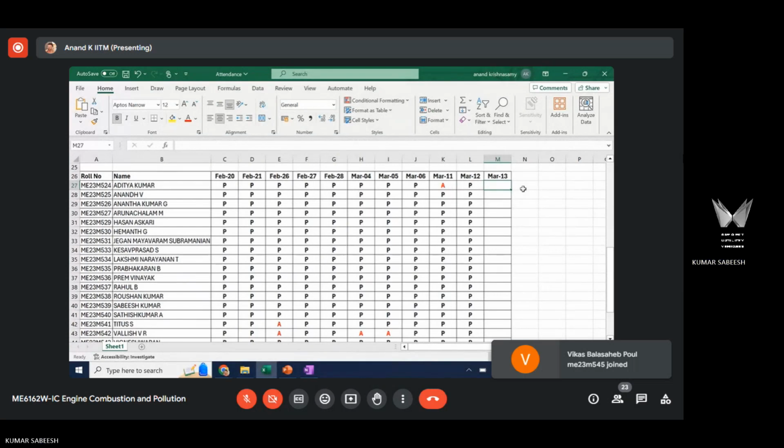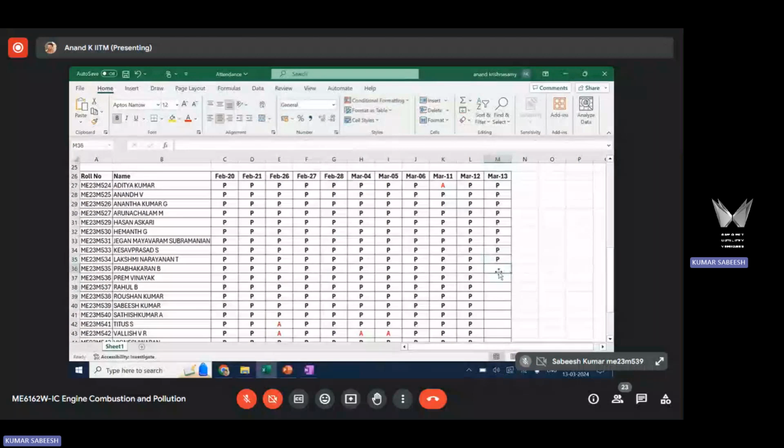Aditya Kumar, Anand Kumar, Arunachalam, Present, sir. Azim? Present, sir. Hemant, Present, sir. Jagan, Yes, sir. Kesav Prasad, Lakshmi Narayanan, Present, sir. Prabhakaran, Present, sir. Prem Vinayak, Present, sir.